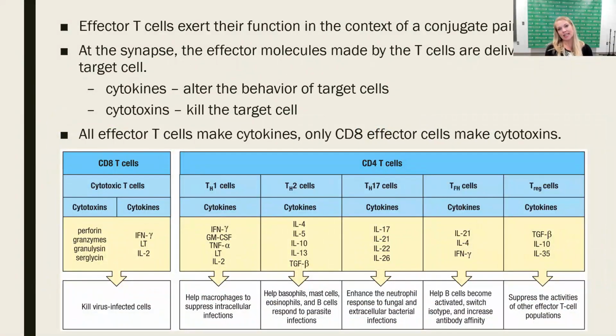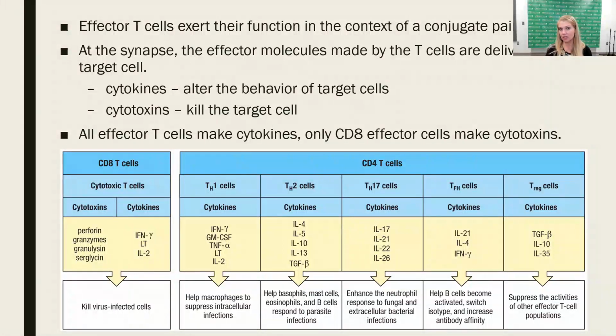So effector T cells then exert their function through a cognate pair or a conjugate pair. And this means that the T cell needs to be connected to the cell that it's interacting with. It might be a B cell, it might be a macrophage, anything that, in this case for our CD4s, is going to have an MHC class II molecule on the surface.